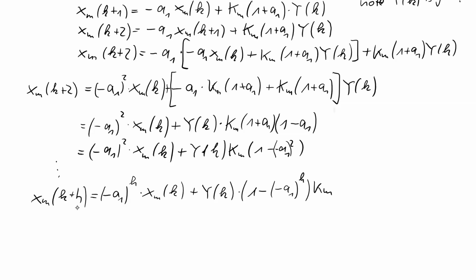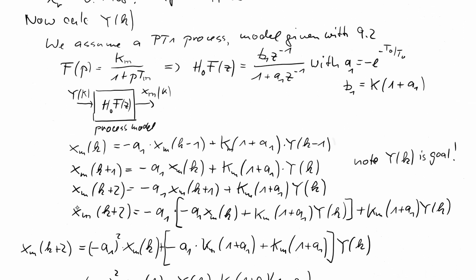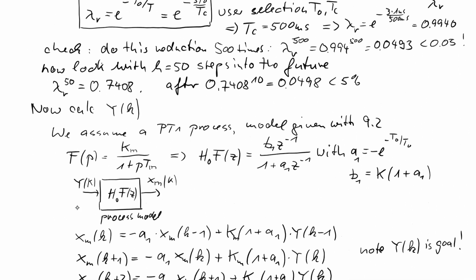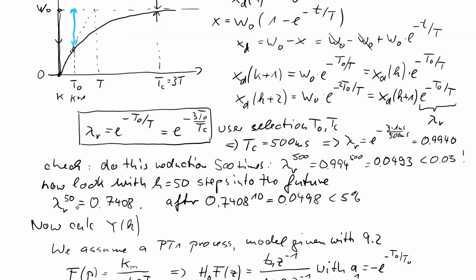And now we put this process output value together with, where are the equations, with my lambda, yes, here, with this together, so that in h steps we want to have a control difference which depends on our 5% settling time.